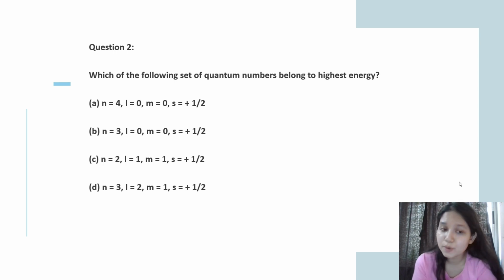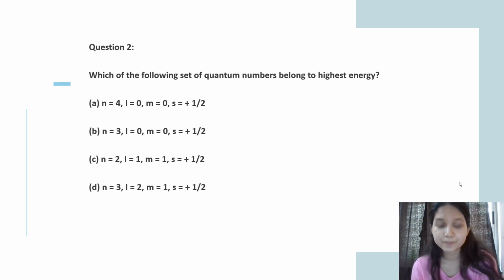Question number 1 was followed by question number 2, where we had to calculate the energy of these four sets of quantum numbers, where we found out that n plus l, the sum of the principal quantum number and azimuthal quantum number, gives us the highest energy possessing quantum number set of these four options.